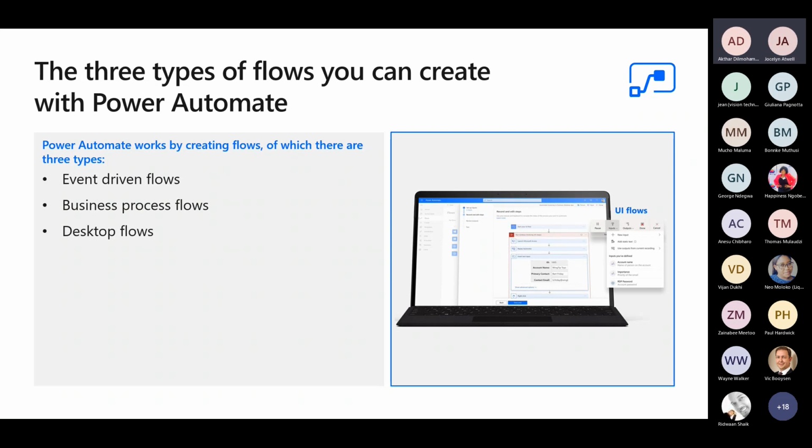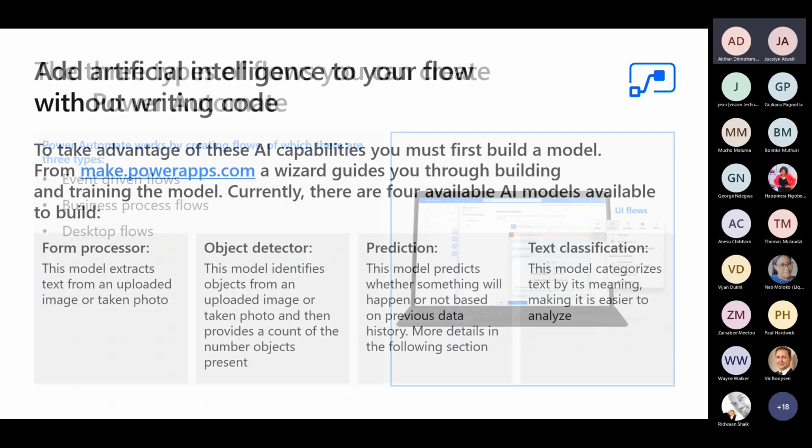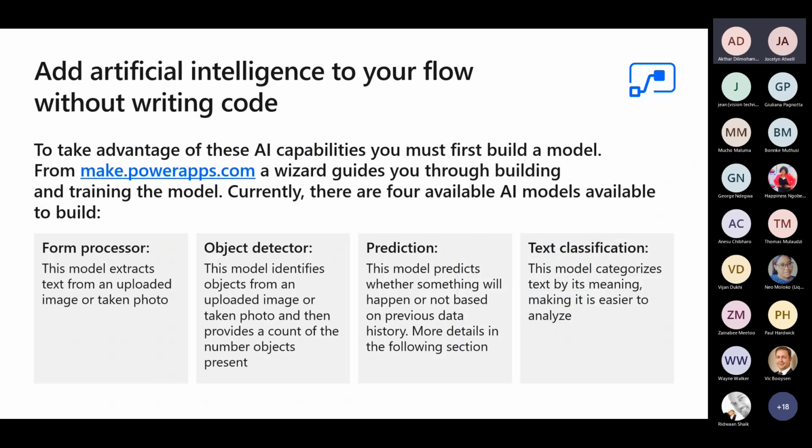We'll go into each and every one of them, and I'll give you some examples. Obviously you can add AI capabilities to your Power Automate. You can use the AI Builder, like I've shown you previously, create whatever AI model you want, and then include it in your Power Automate flow, whether it is text classification, prediction, object detection, or form processing.